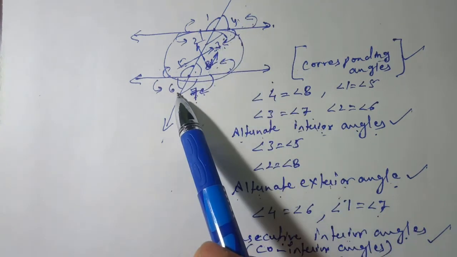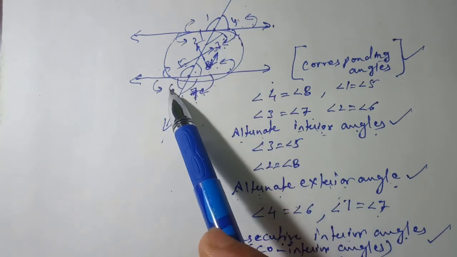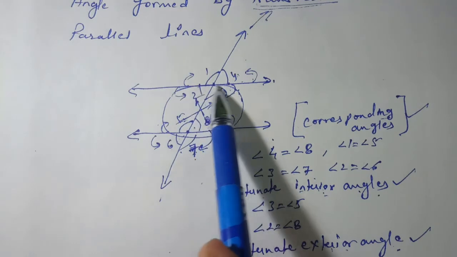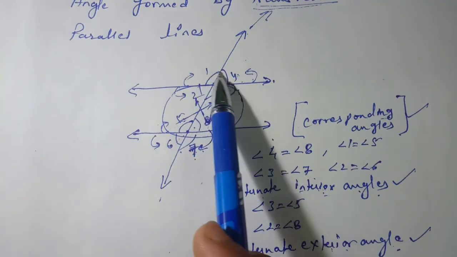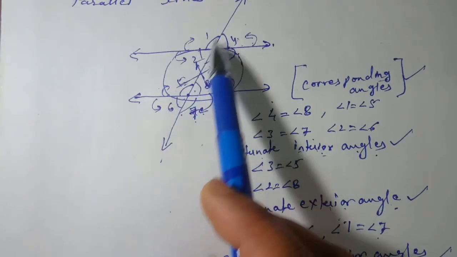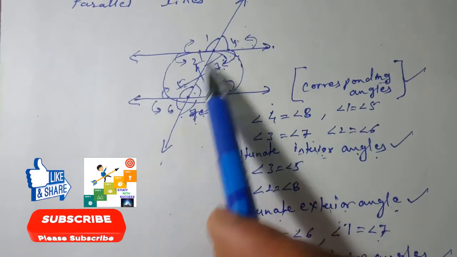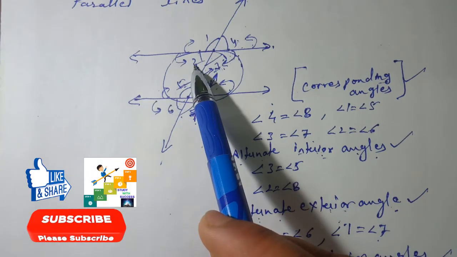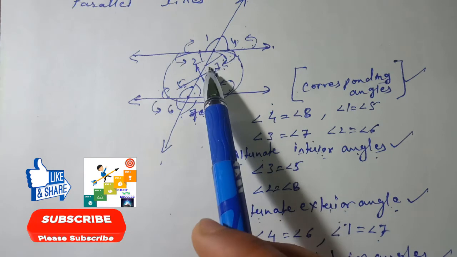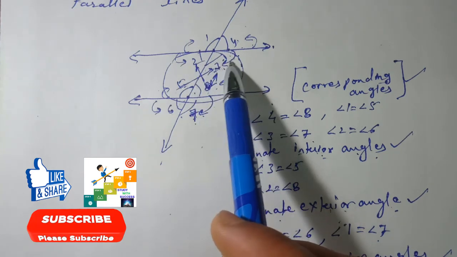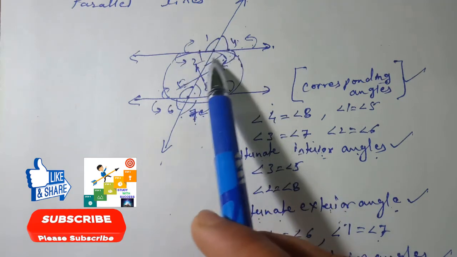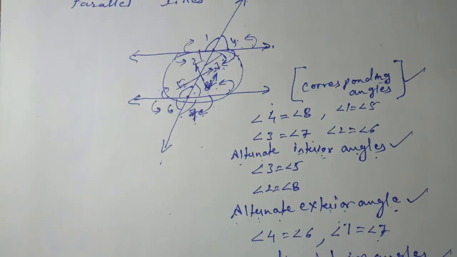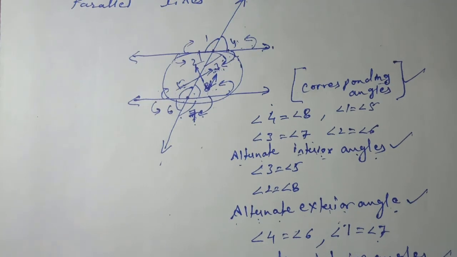Considering them separately, we get vertically opposite angles and we can also observe linear pairs. 1 plus 4 is equal to 180 degrees because both of them lie on a straight line. 1 and 2 are also on a straight line, so their sum is 180 degrees. Below this line, 2 plus 3 is 180 degrees, and 3 plus 4 is 180 degrees. So we can also identify linear pairs of angles if we take the lines separately.